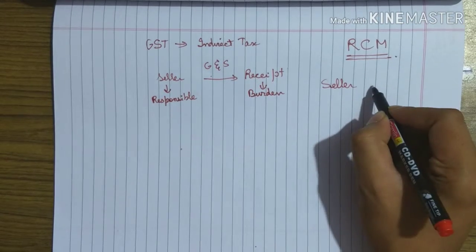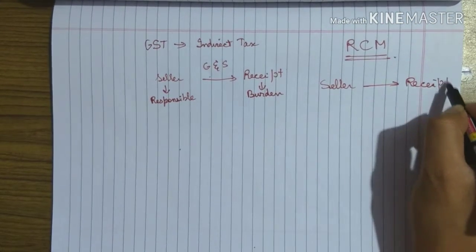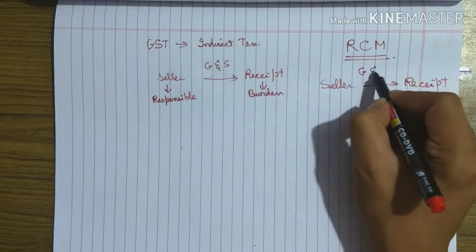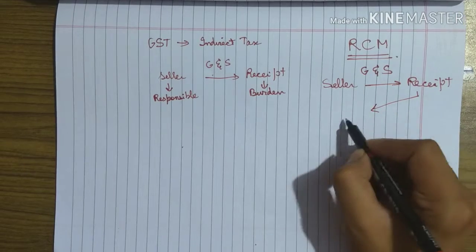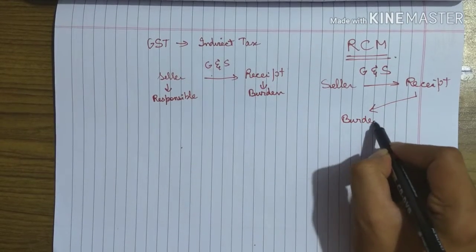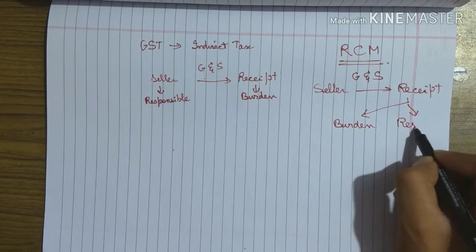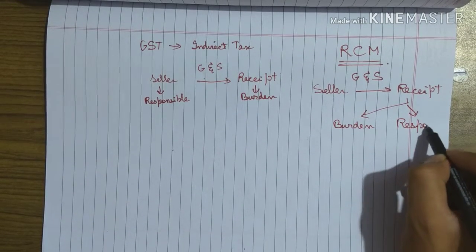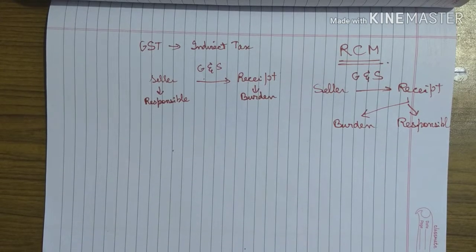Here this is the seller, this is the recipient. The recipient receives goods and services, but the burden is on the recipient, means he is paying the tax, but he is also responsible to pay the tax to the government. So this is the basic idea of RCM.